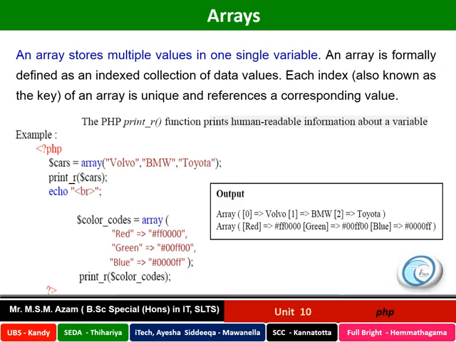That means I am printing the human readable information about the array $cars. When I print it, I can get the output given on the screen. That is, in the array, the 0th index value is Volvo, the first index value is BMW, and the second index value is Toyota.